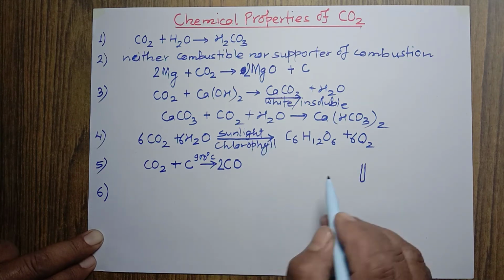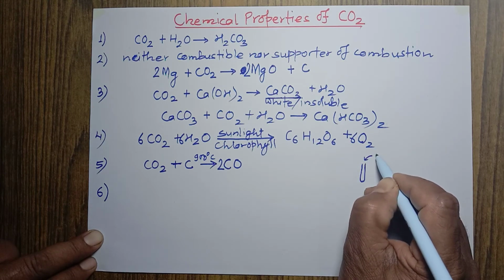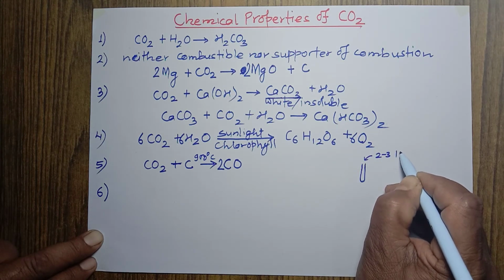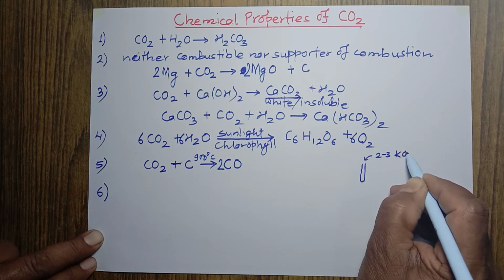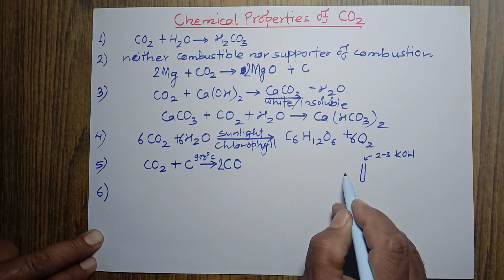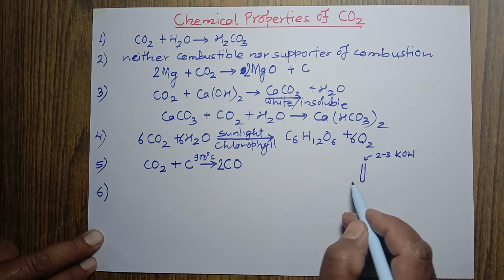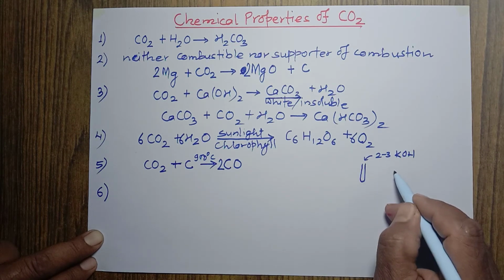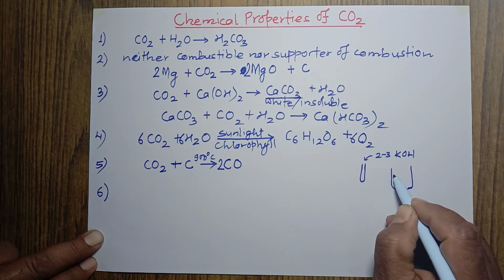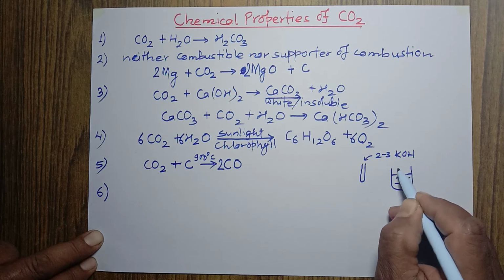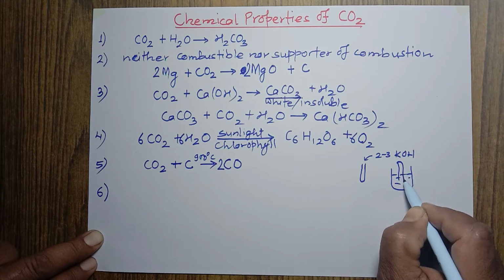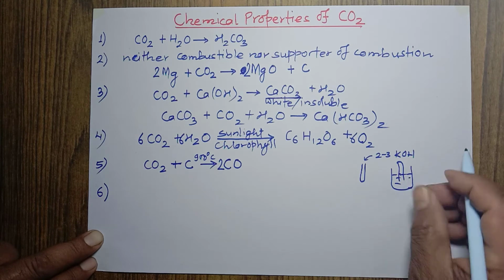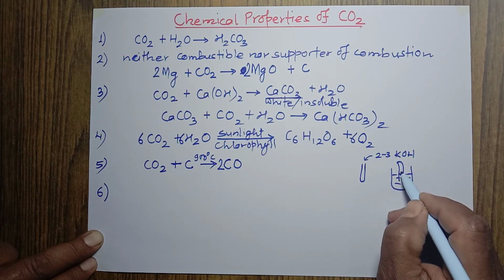If 2 to 3 drops of KOH, potassium hydroxide, are added to a test tube filled with carbon dioxide gas, and we close its mouth and quickly invert it into water, like this is water, and when we release our thumb, then what is seen? The water level rises in this test tube.